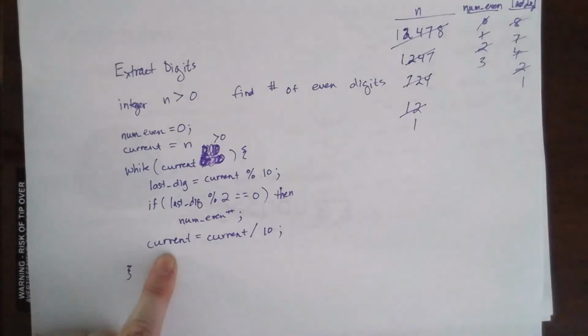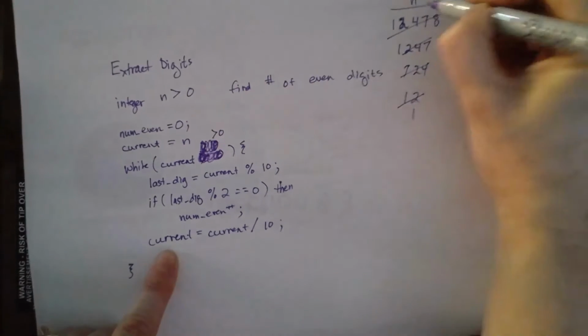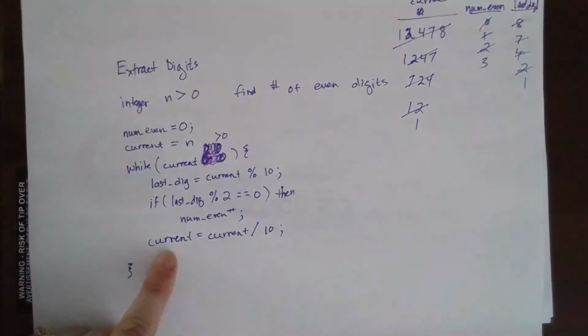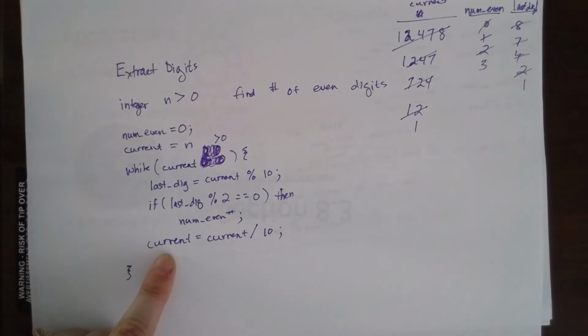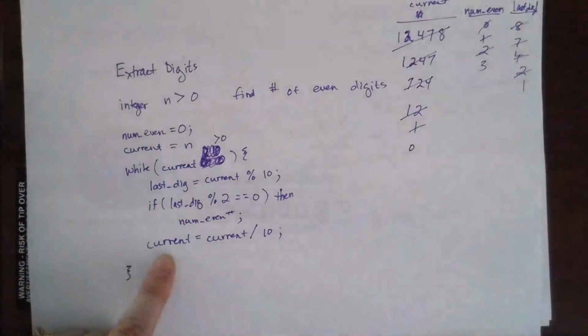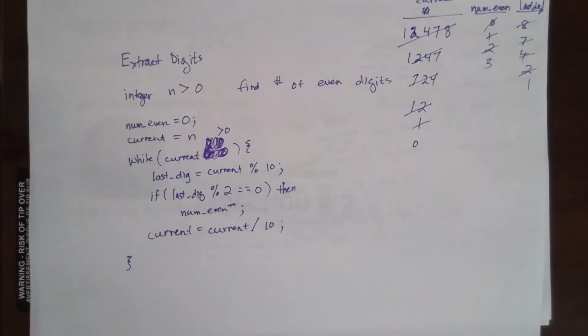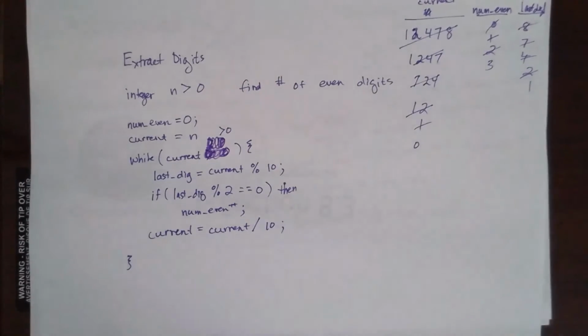And then when we get to current equals current div 10, what's 1 div 10? 0. So yes, this was good. Current isn't bigger than 0 any longer, so we'll come out of it, and we've counted 3 even digits: 8, 4, and 2.